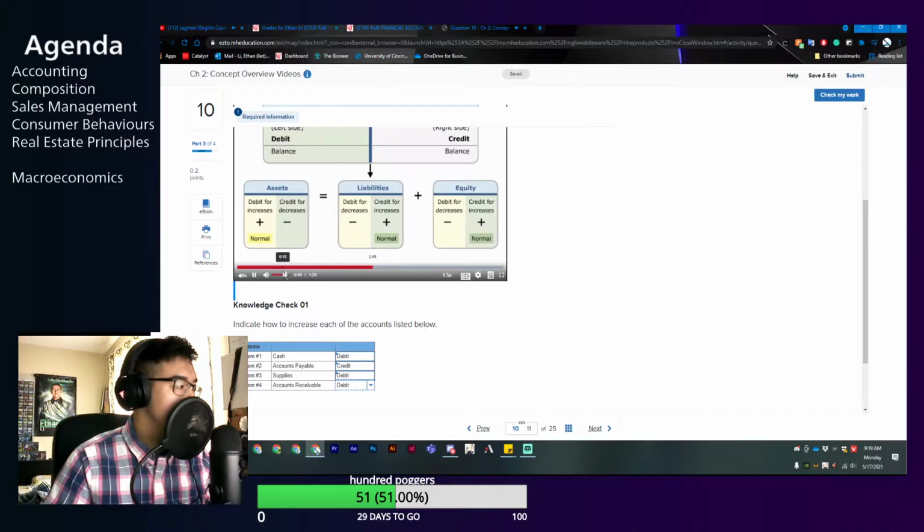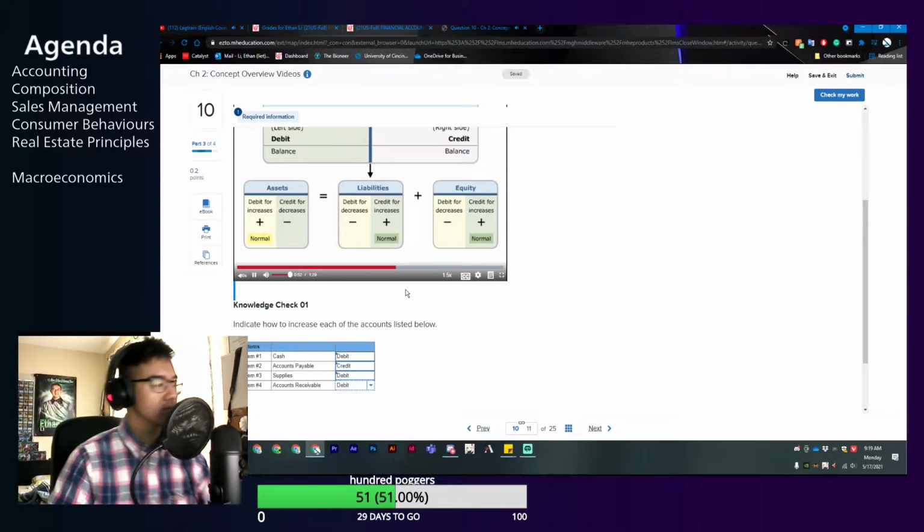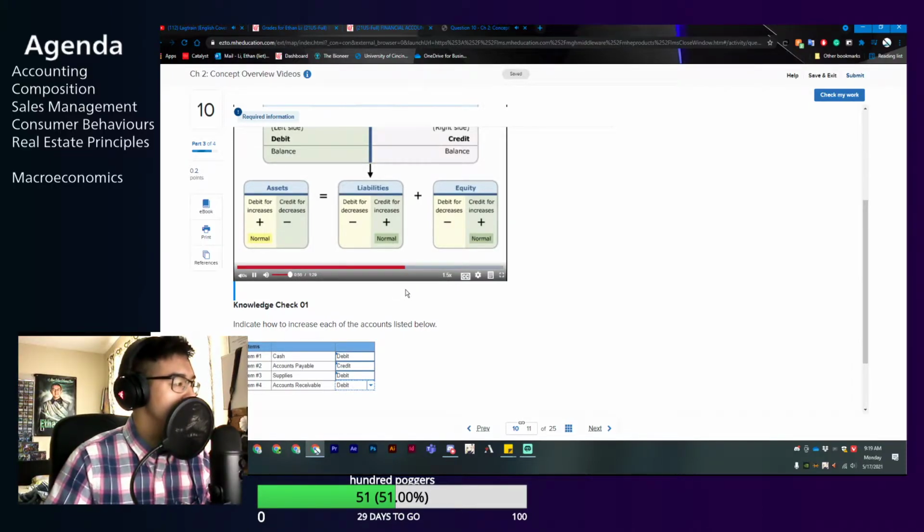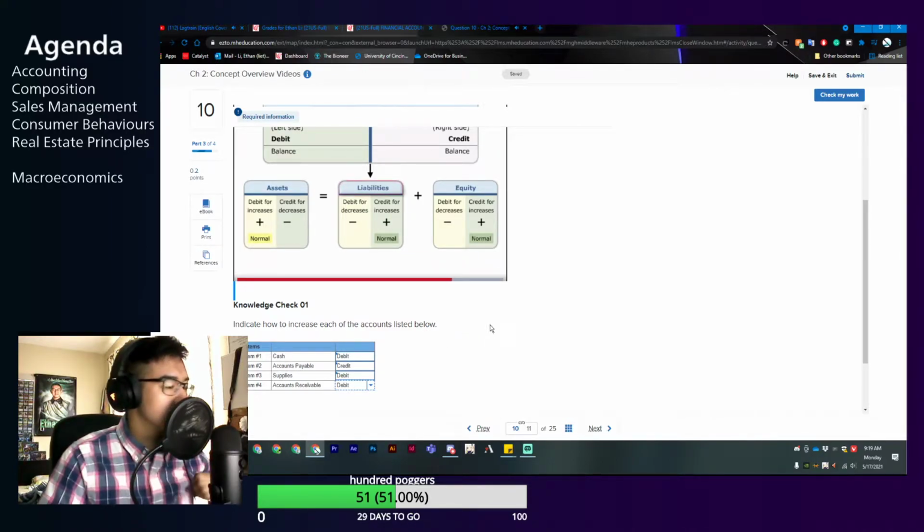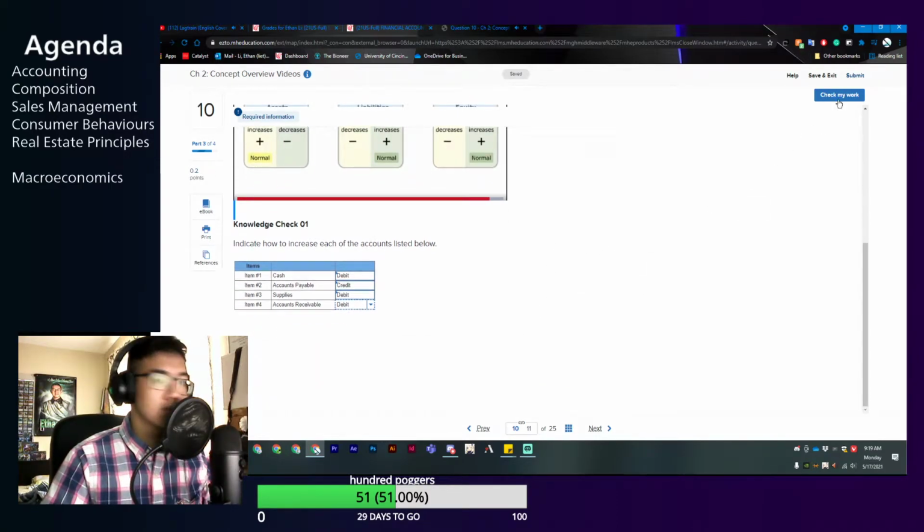So, we discussed that cash, at any point in time, one expects to have a debit normal balance. Therefore, the left side of the accounting equation should always have a net debit balance. What would you expect in terms of the normal balances of accounts on the right side of the accounting equation? If debits must always equal credits, then the right side of the accounting equation must therefore have a normal net credit balance. The accounts on the right side of the accounting equation must have a normal net credit balance, so liabilities and equity will have a net credit balance. So again, just like in the case of cash and asset accounts, if the normal balance in accounts payable, a liability account, is a credit, to increase accounts payable, we credit it.